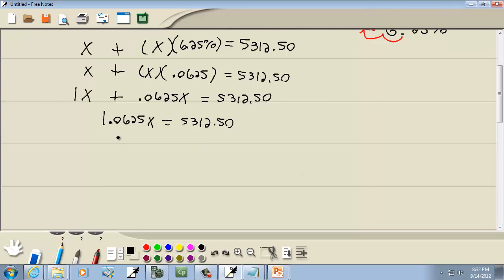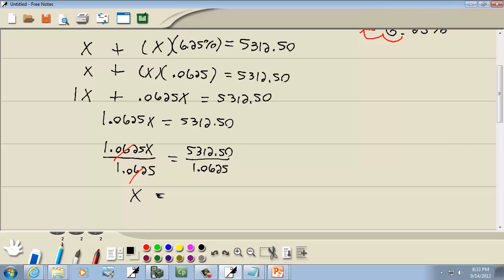And then we're solving for x. Well, this one doesn't have very much to it. It's just last step. Divide both sides by the number in front of your x. So we're going to divide both sides by 1.0625. And let's see what we get. On this side, those cancel. We got x.